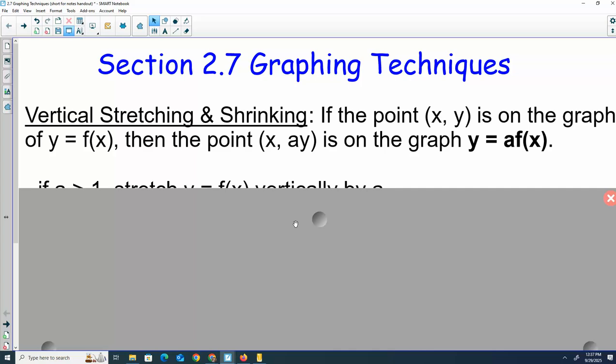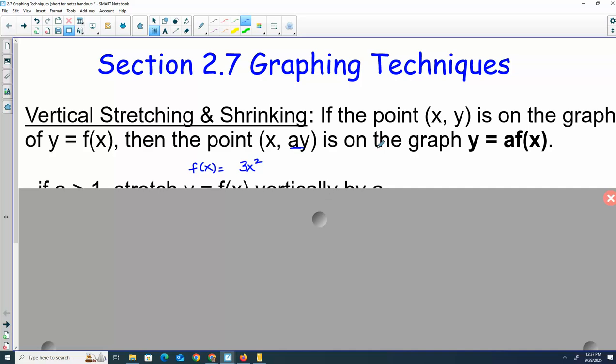Okay, so if you have a function and you multiply on the outside, so if I say like 3x squared, that's my function. That 3 is a vertical stretch. It essentially just takes your ordered pairs and takes the y value times 3.